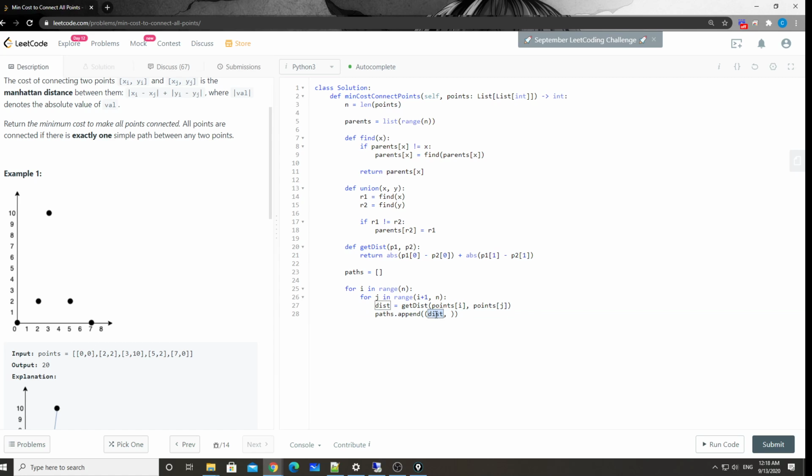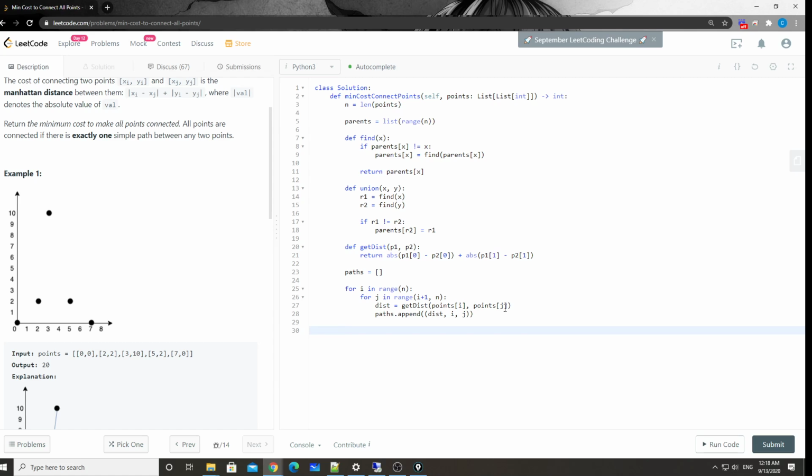The first element is the distance, because we want to sort by distance later on. The second is i and j. We use the index of the two points to represent the point itself, and we'll use the index to do the union and find.